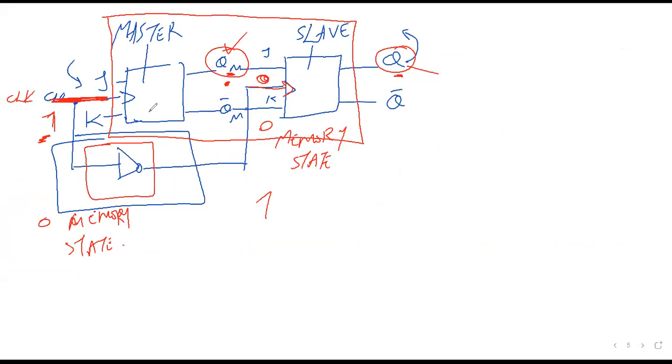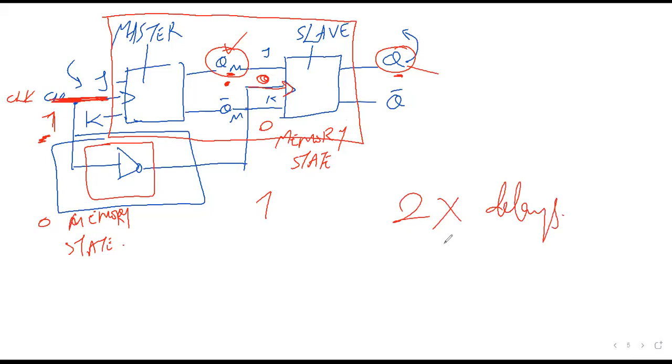Let me put it this way. We increase the delay. Instead of the delay being of only 1 JK, we now have 2 JKs, 2 times the delay.